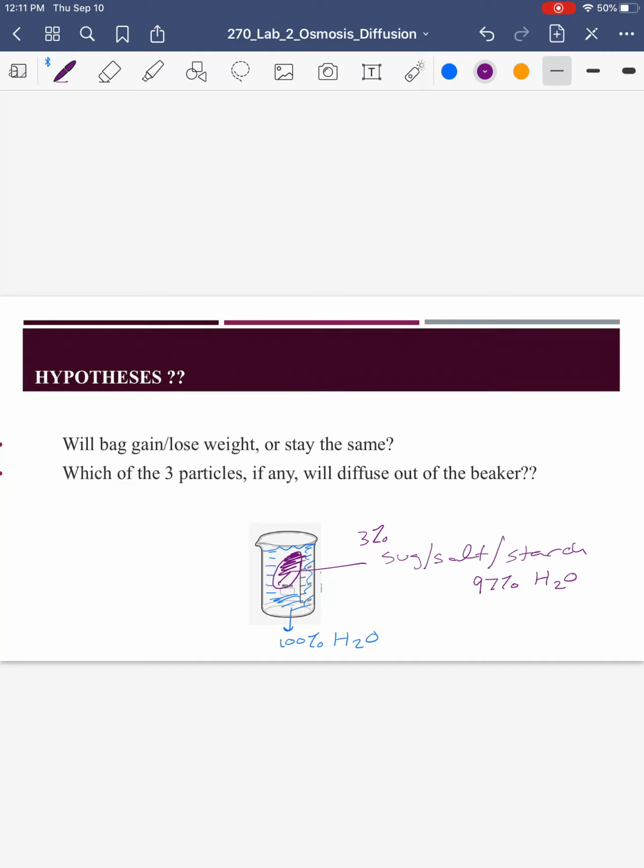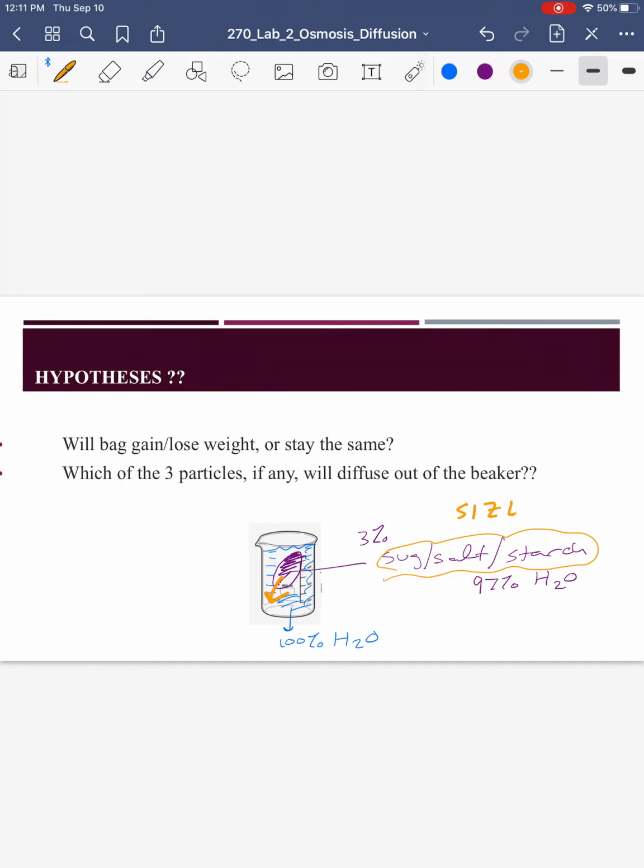So with this information, you're going to be able to figure out, number 1, is this bag going to gain weight, lose weight, or stay the same weight? And then number 2, out of these particles, sugar, salt, and starch, will any of them diffuse out of the bag? Now, in this question, we have to consider concentration gradient. So there has to be a concentration gradient present, but we're also considering size.